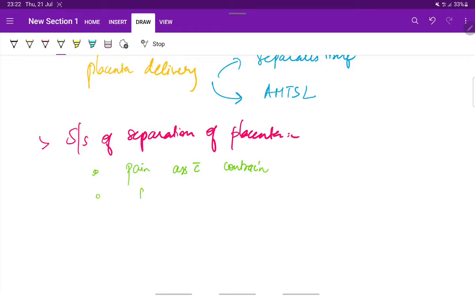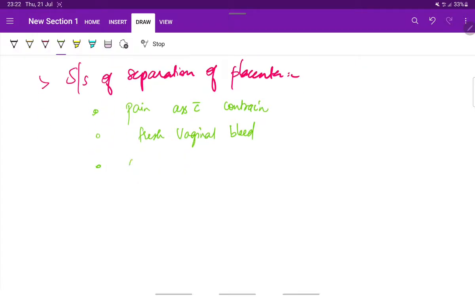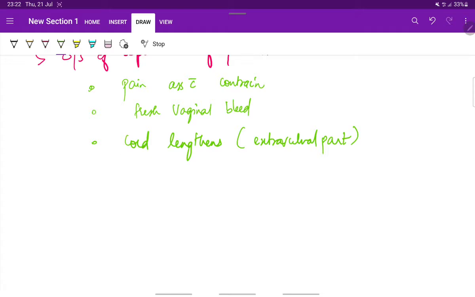There will be some amount of fresh vaginal bleeding. And the cord lengthens, especially the part which is outside the vulva. The extra vulval part of the cord lengthens because of the separation.